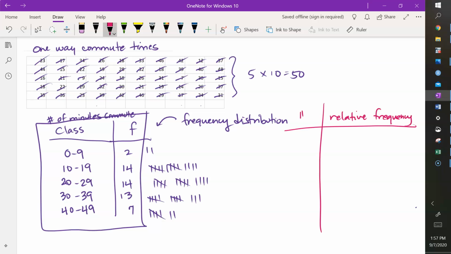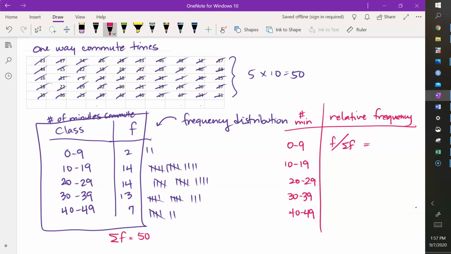Here is number of minutes again, and so it doesn't change any of these classes, but each class has to be the frequency divided by the sum of the frequencies. Sum of frequencies is 50.